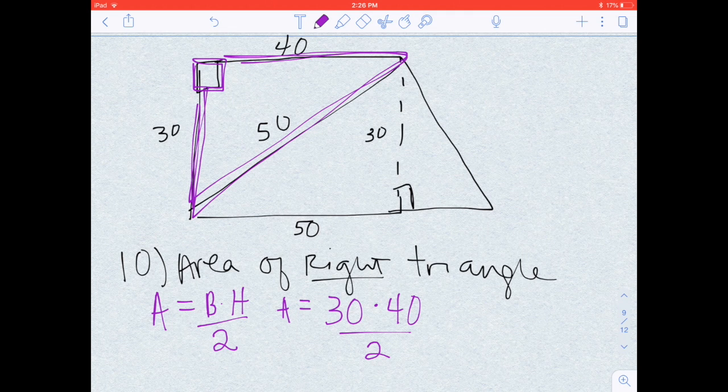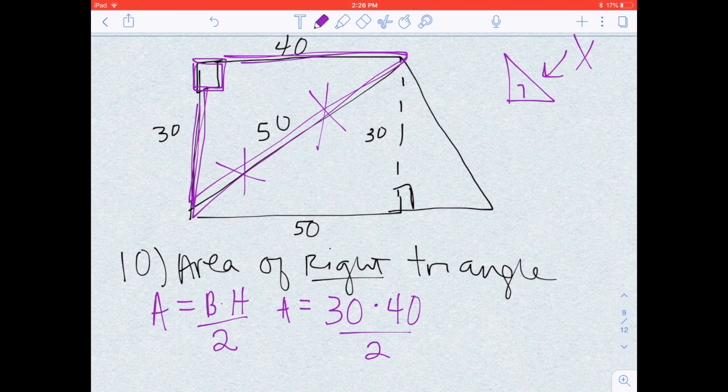Does it need to be in that order? No. You can do area equals 40 times 30 over 2. That's totally fine. You can't use this line though. Because if I flip my triangle, it's this part right here. And that is not a side that I could use for my area, for my base times height.